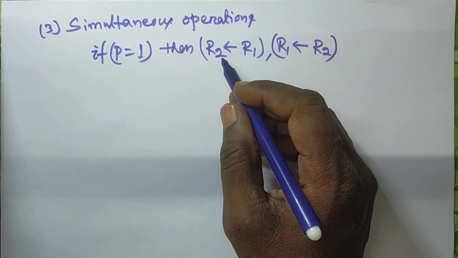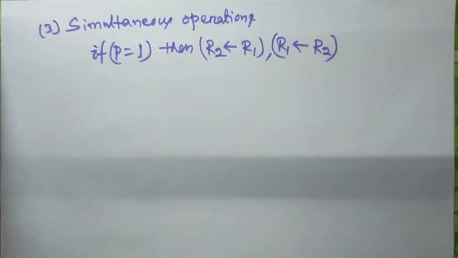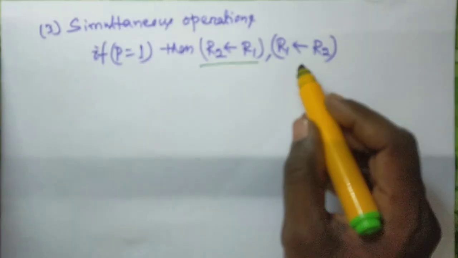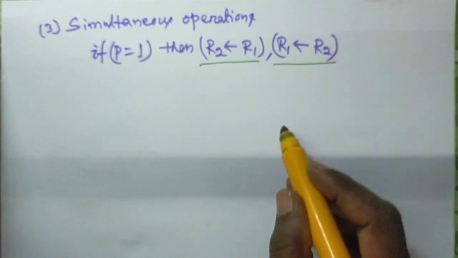That means there are two operations here, involving R1 and R2. We consider two registers, but the operations are different: data transfer from R1 to R2, and data transfer from R2 to R1.